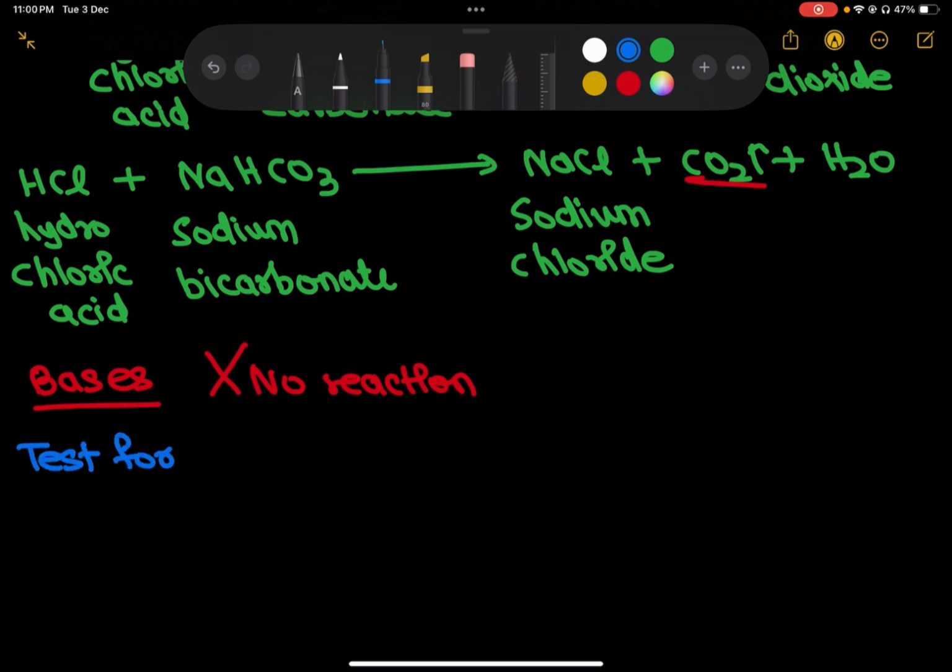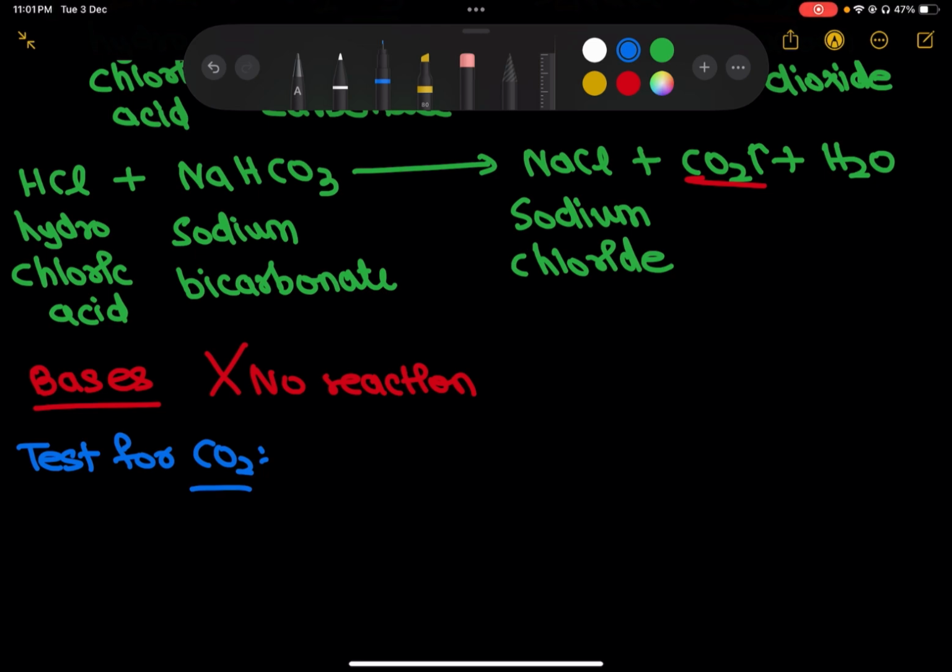Remember that both these tests, for CO2 as well as H2, are very important because a direct question is asked in the boards for 1 or 2 marks. The reaction is given, they ask some question regarding the reaction, and then they ask the test for identifying carbon dioxide gas or hydrogen gas. So it's very important, you must remember it.